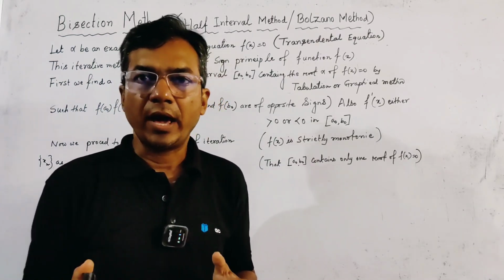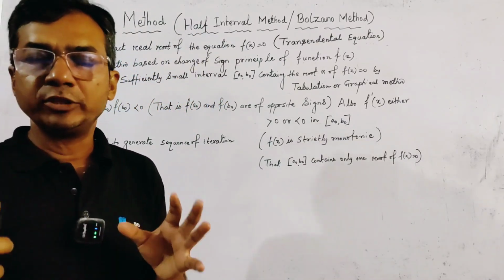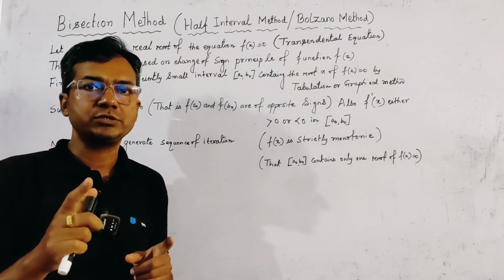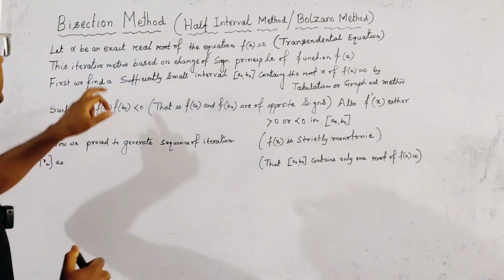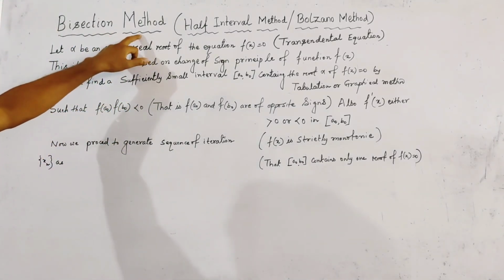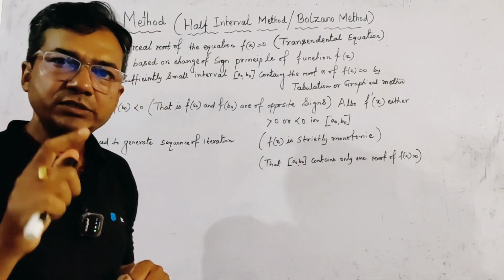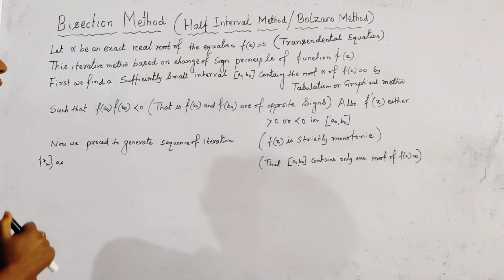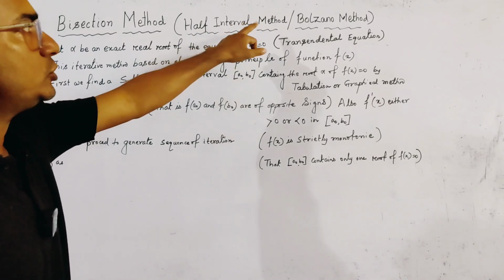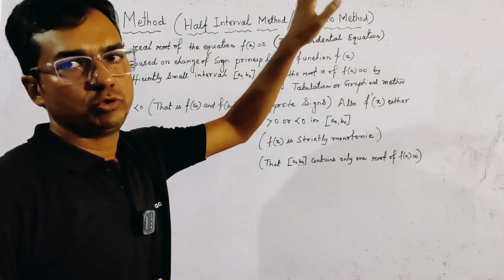Today's discussion is about an important method of numerical analysis known as the bisection method, or method of bisection. This method is also known as the half interval method or Bolzano method.